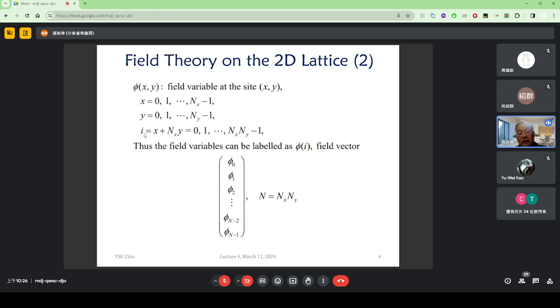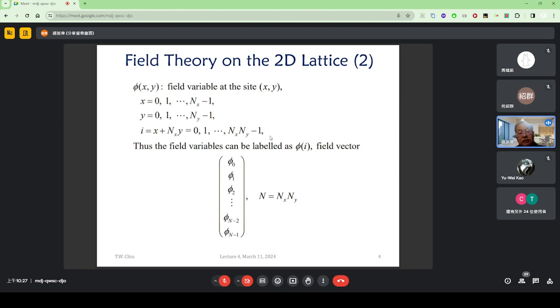So if I compute the site index according to x plus nx times y, then i goes from 0 to nx times ny minus 1. So it goes through every site. That means for fixed y at y equals 0, i goes through all the x, and then at y equals 1, i goes through all the x, and so on.